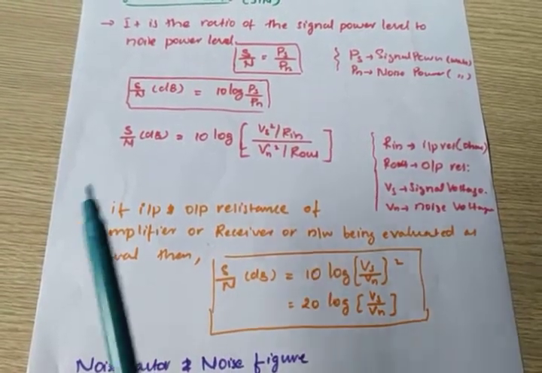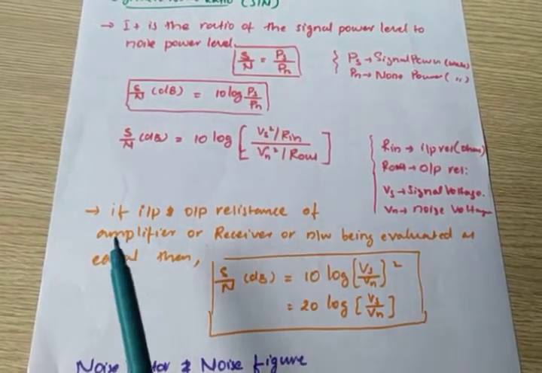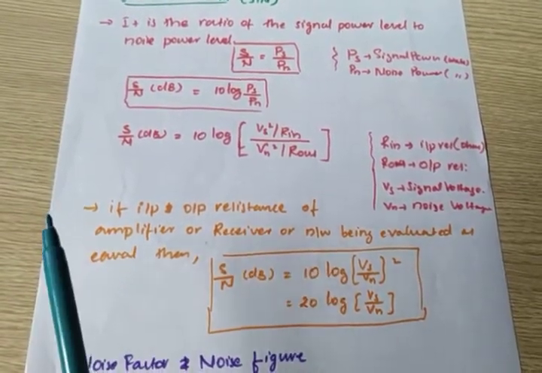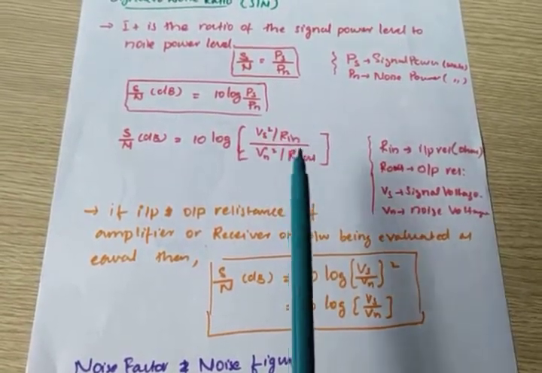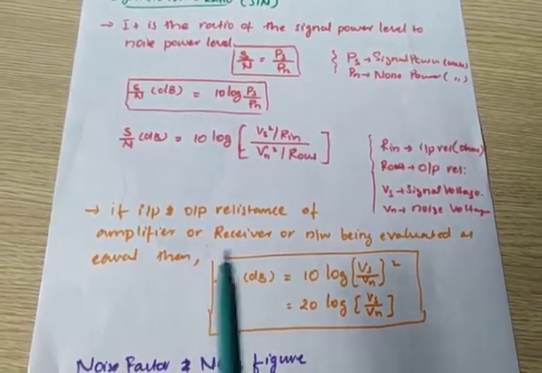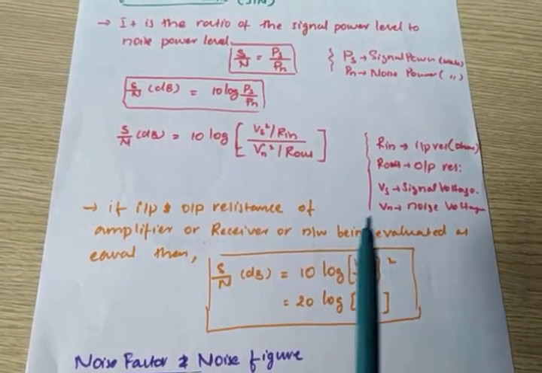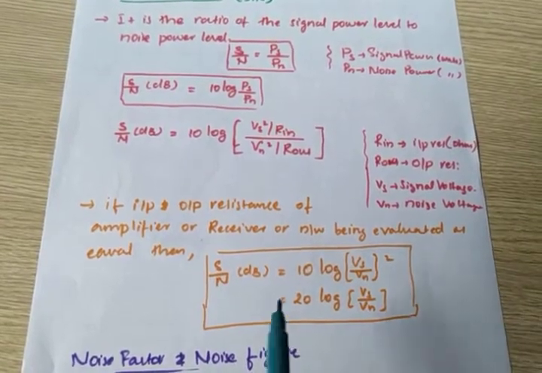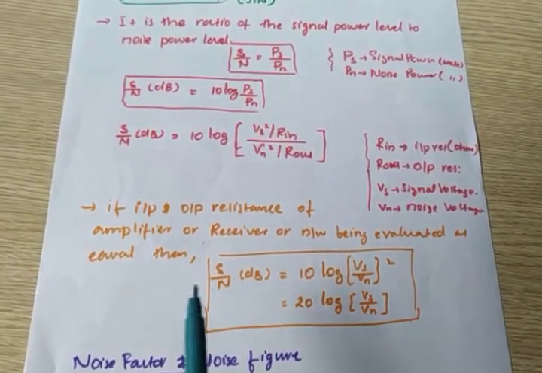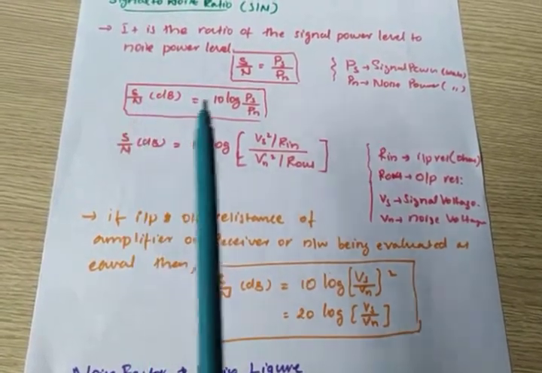If we need to transfer maximum power from the source to the load, both the source and load resistance should be equal. At that condition we can write S by N in dB as 10 log Vs by Vn the whole square, since the resistances cancel out, or 20 log Vs by Vn. This is the signal to noise ratio in terms of voltage, and the earlier one is in terms of power.